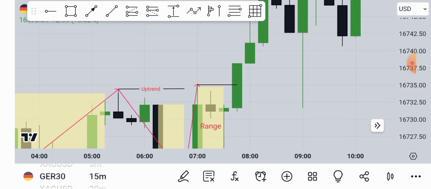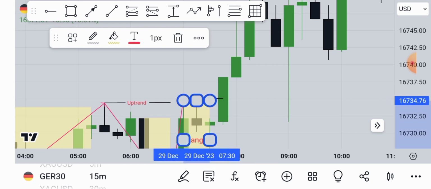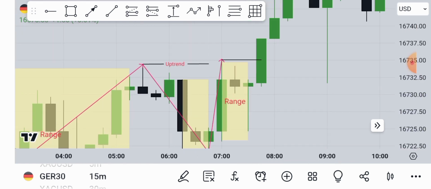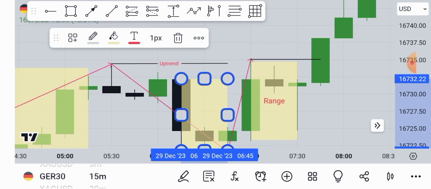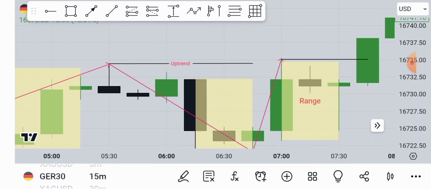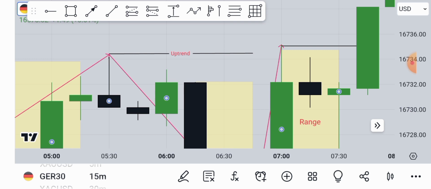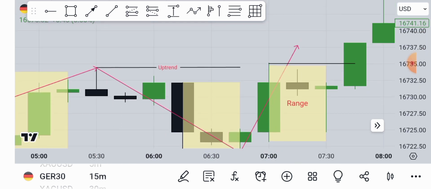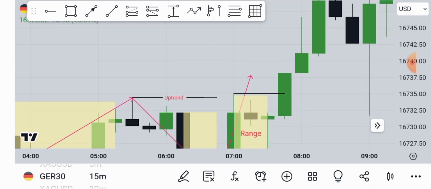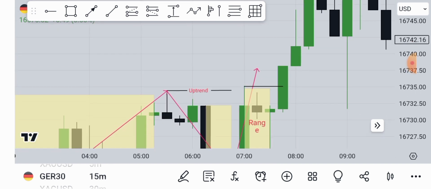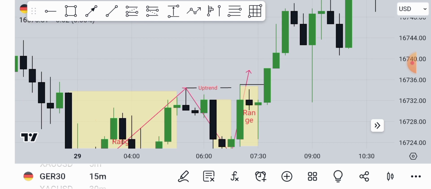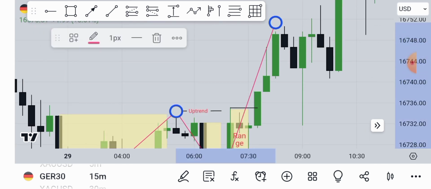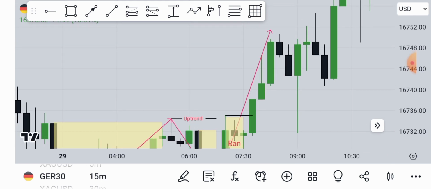So meaning this, let me show you this red line. This red line is continuing to go up because it's still in a bullish trend to this high, there.